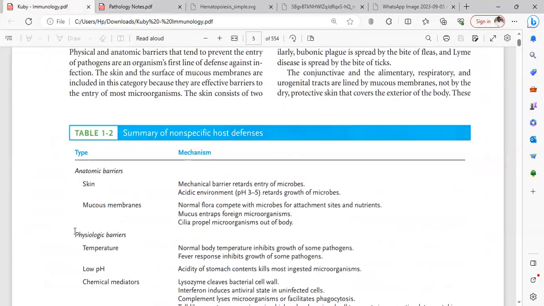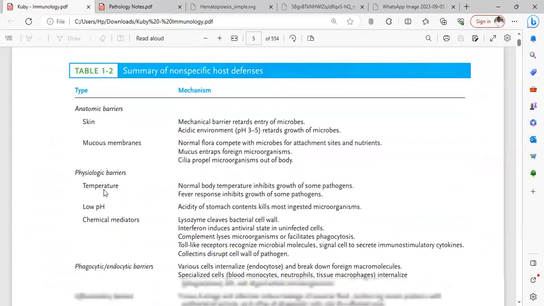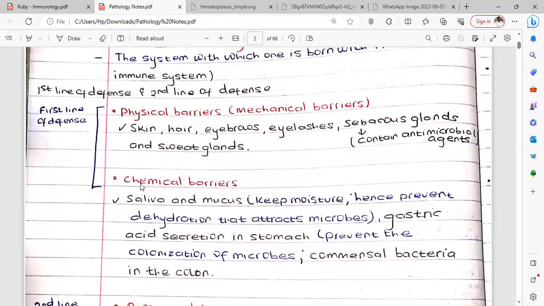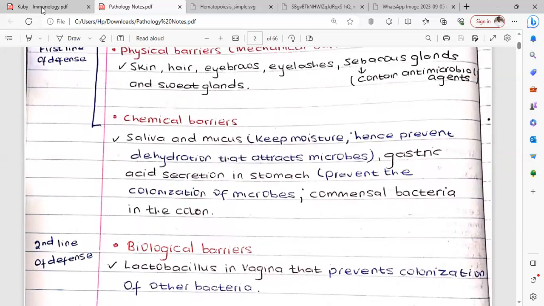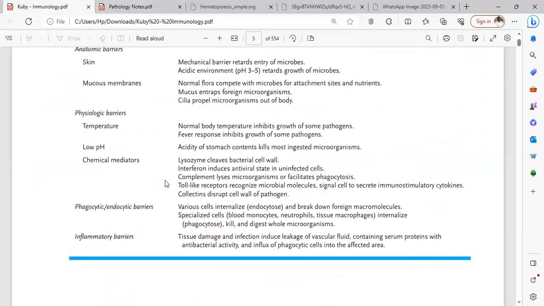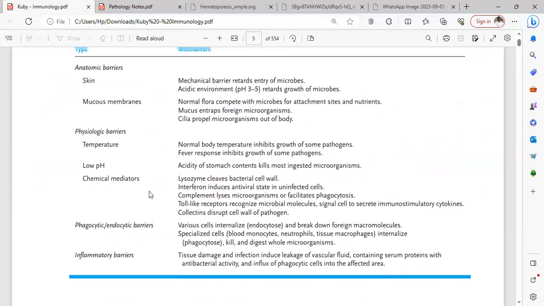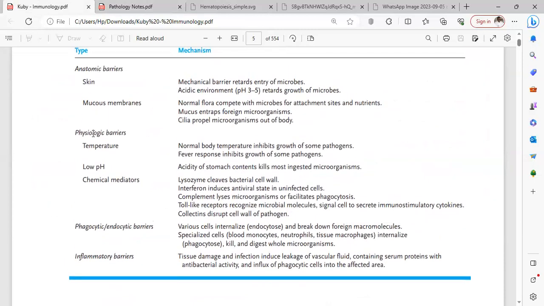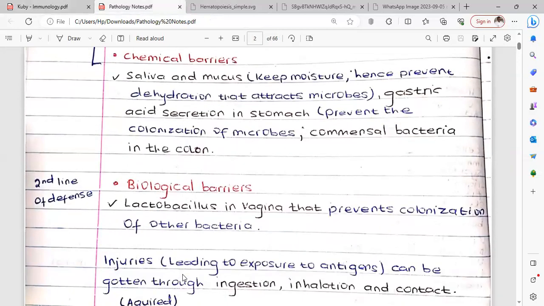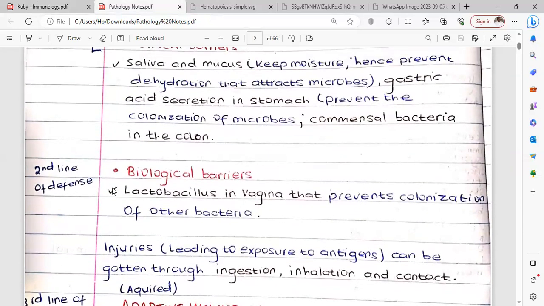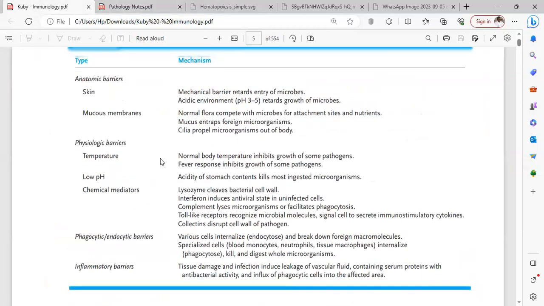So for him, anatomical and physiological make up the first line of defense. And then the second line, he classified as biological barriers. For example, we have the lactobacillus in the vagina that prevents colonization by other bacteria.